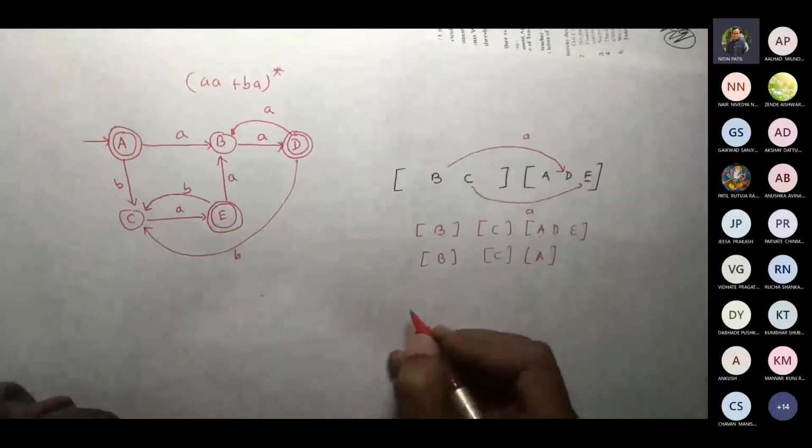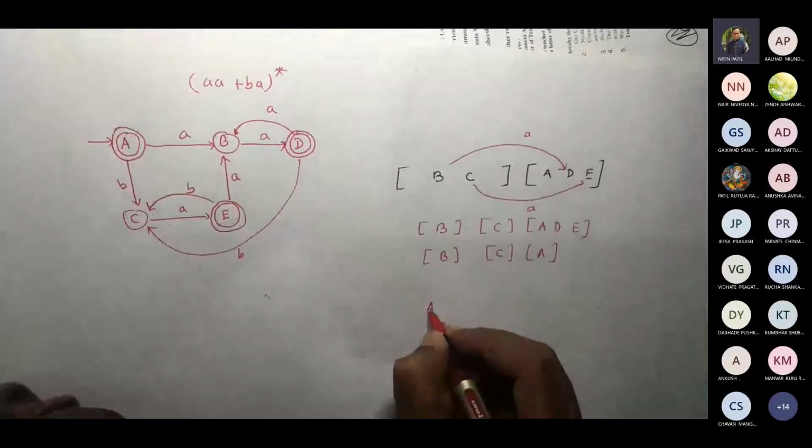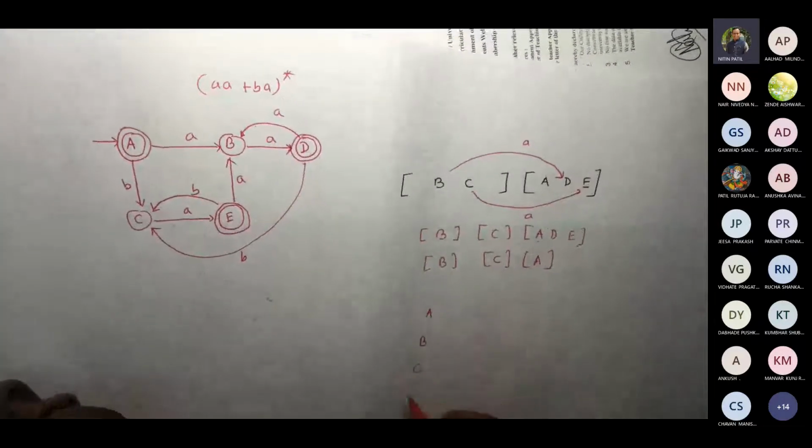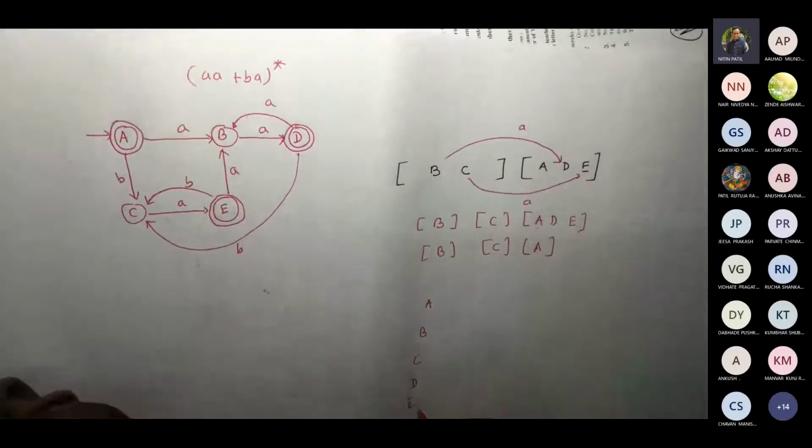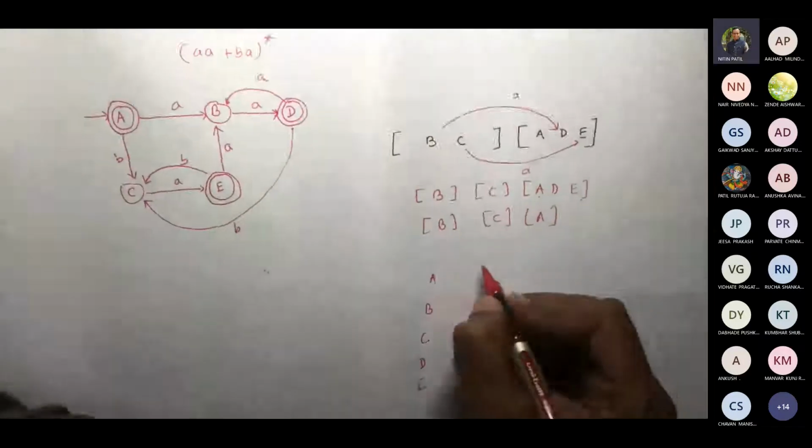So let me draw the transition table. You have the transition table with A, B, C, D, and E. What would be the transitions on A and B?